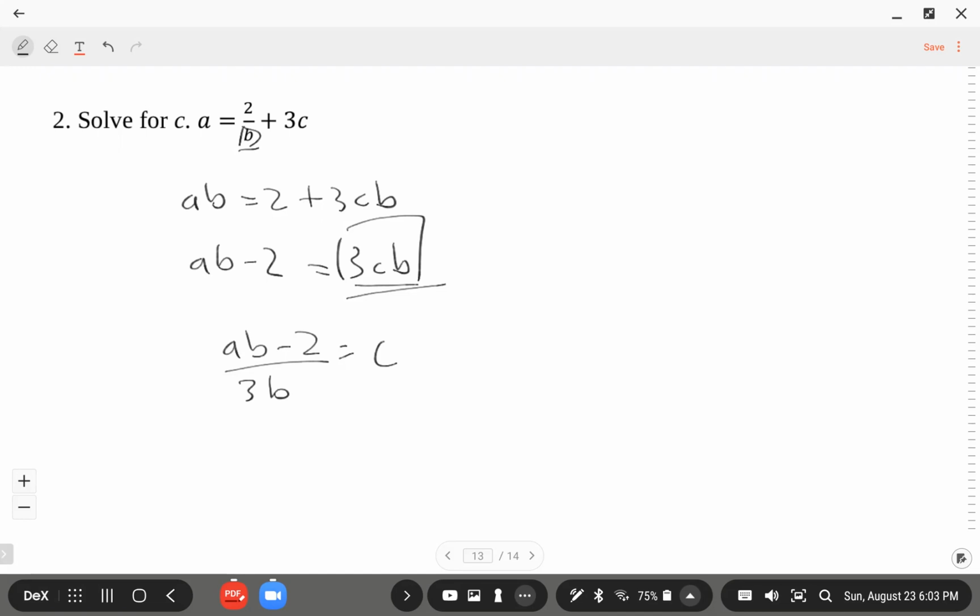So does everybody understand where I'm coming from? When you're multiplying the fraction, I saw a lot of people said a minus 2 divided by 3b. So remember, we have to multiply a by b too. That is what I meant by you might miss some of the things.